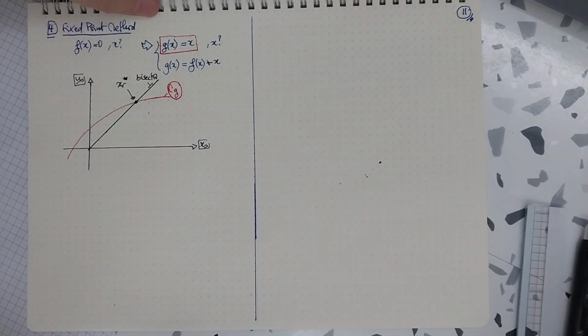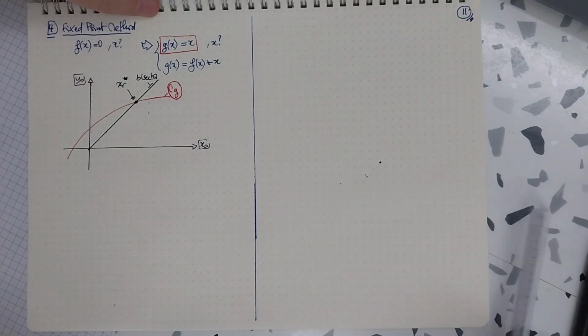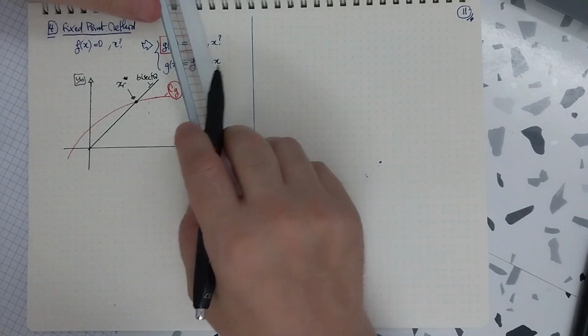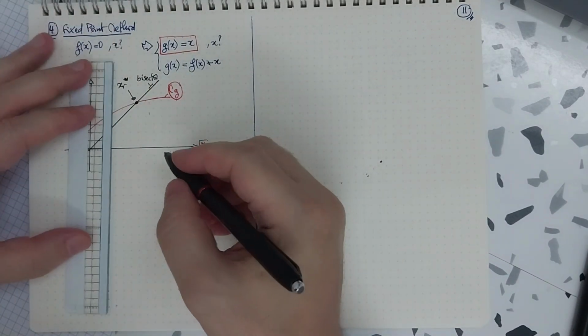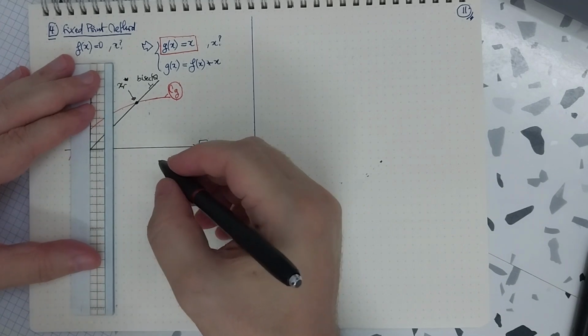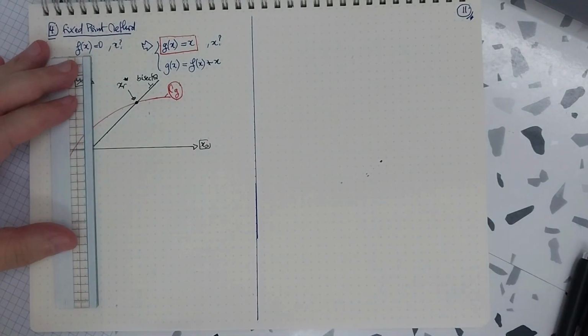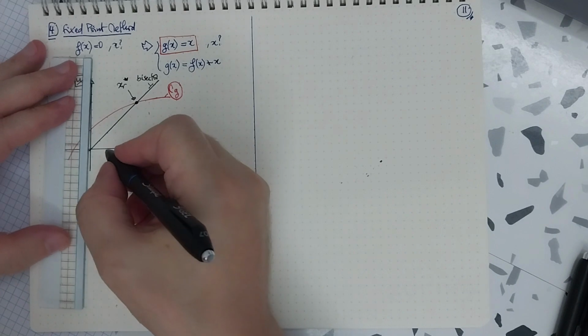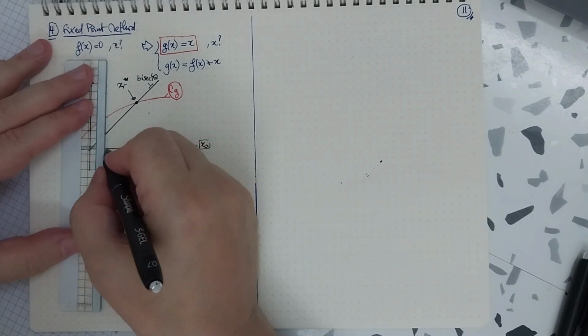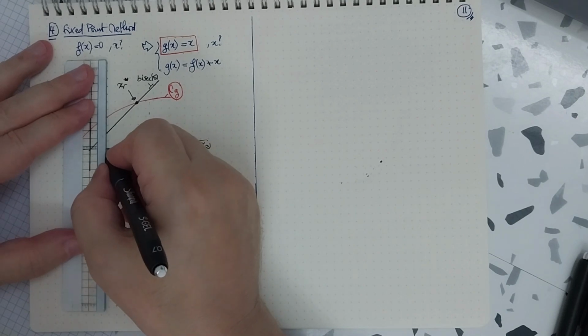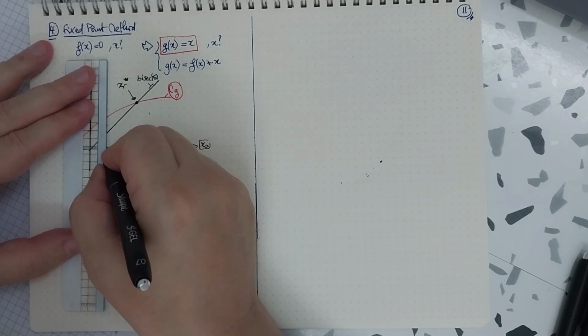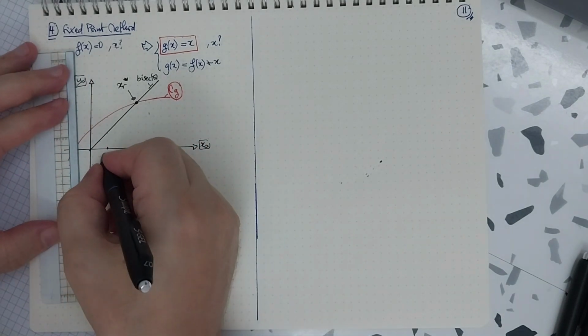How do we do that? We start also with a given point, for example, this one, close to this one. This is x0.